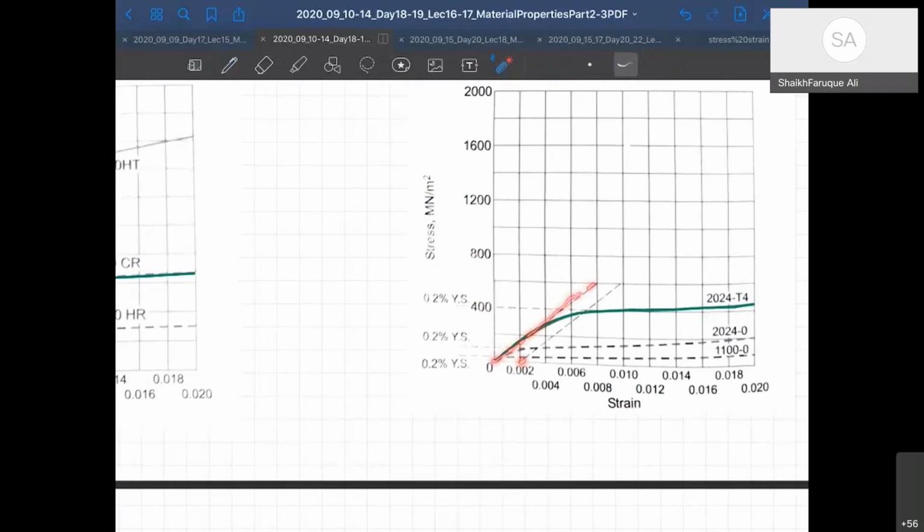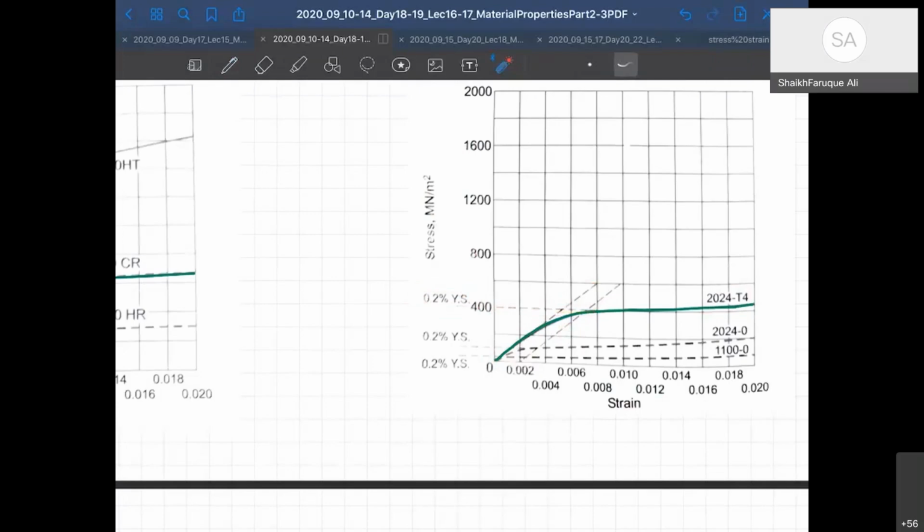Now, if you look at these two curves, what kind of material can you say they are? They are elastic in the beginning, and then almost perfectly plastic, because it's almost flat. It's not very flat, but it's almost flat. I can always draw it completely flat. So if it is almost flat, we can look back into our models.